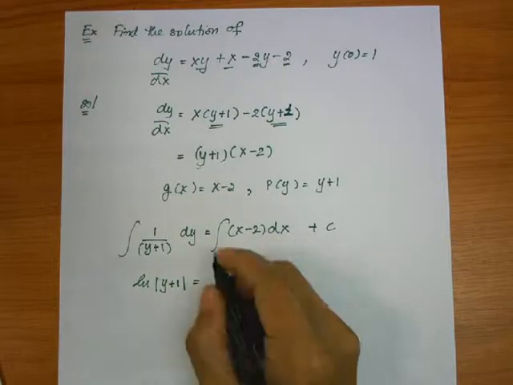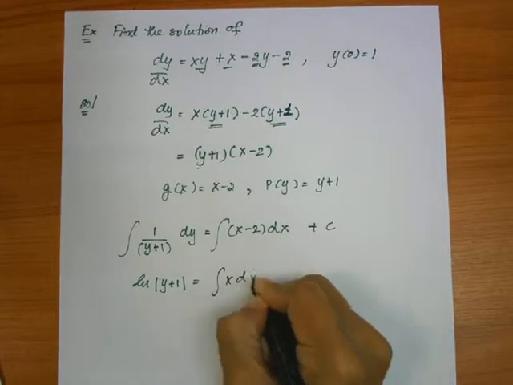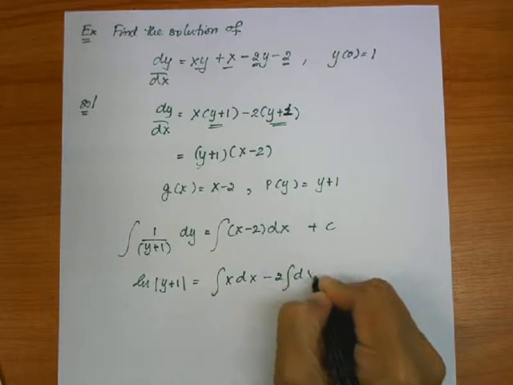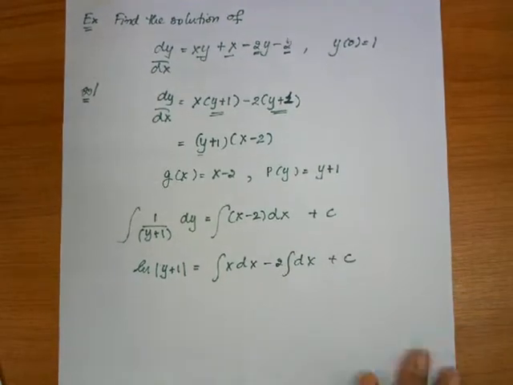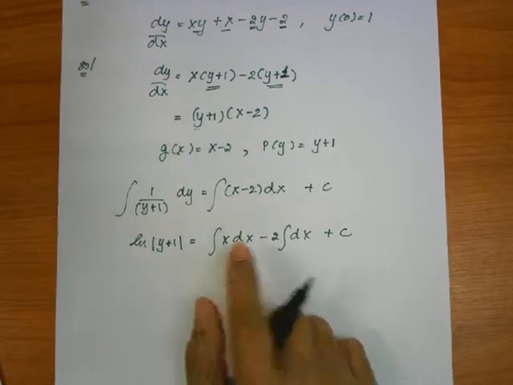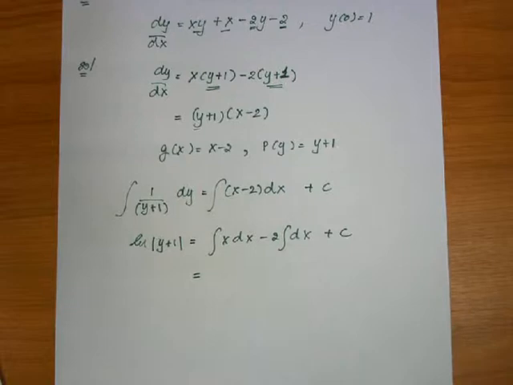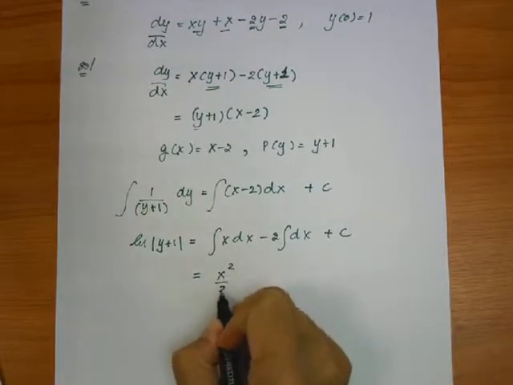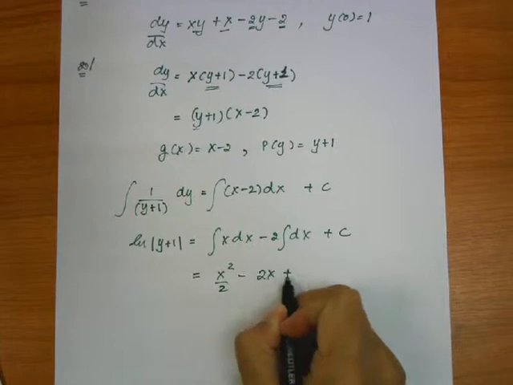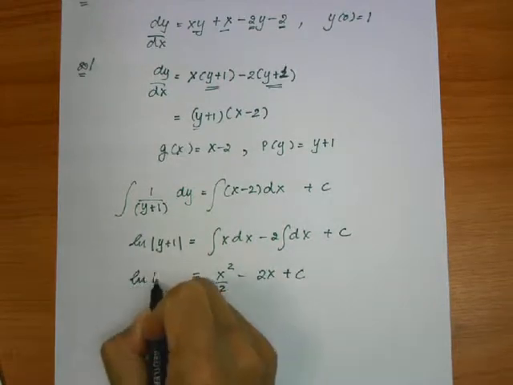Or you can separate them out like this. What would you get for this term? x squared divided by 2 minus 2x plus c. So that is the answer.